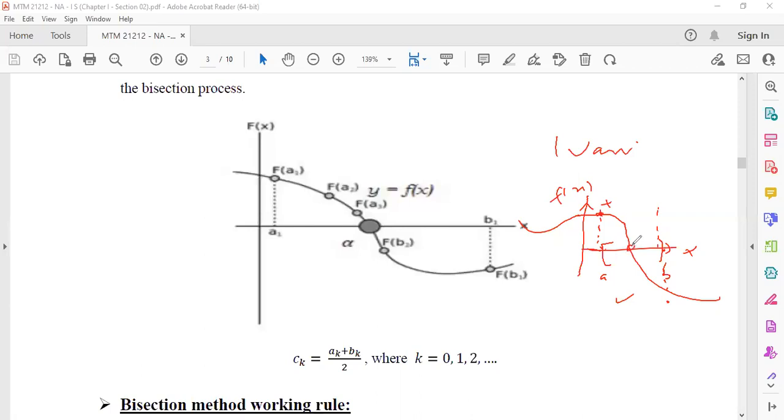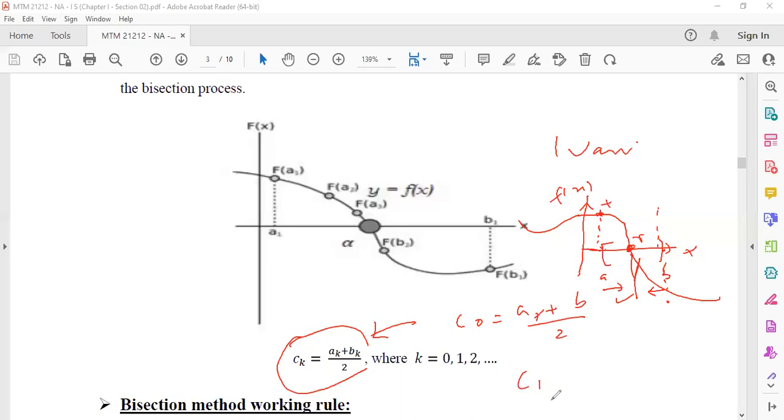Then see this point, here f of x is equal to 0. So this is my R. My root will be here. But I need to do some work to come from here to reach here. That is our idea of finding this. So midpoints: c naught will be a plus b divided by 2.